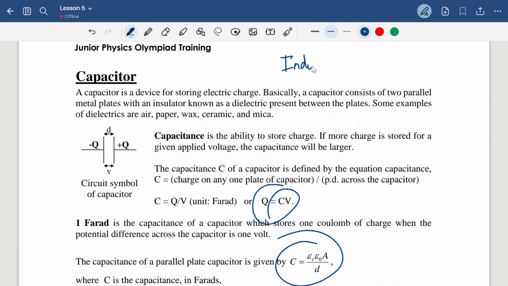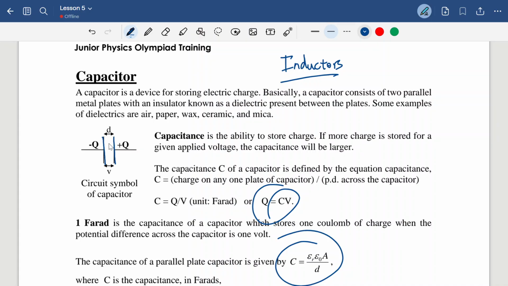Now, capacitors is just a device to store charge. Your power banks, if you have, are all in a way capacitors. They store charges. So the simplest design of a capacitor is two metal plates that are parallel, separated by an insulator.